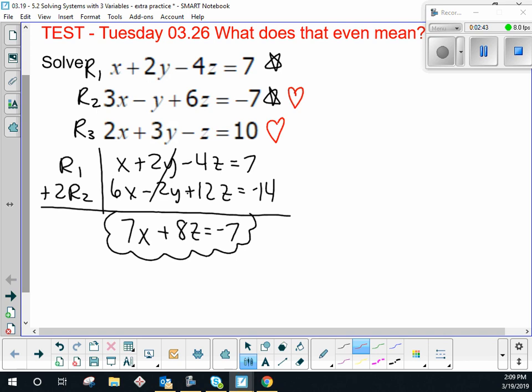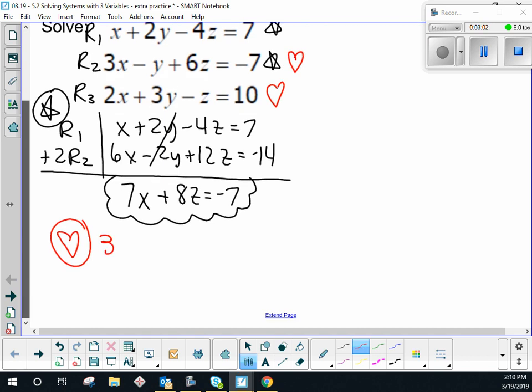So this was my heart work here, and this is my star work here. If I'm going to be working with these 2 equations, I really want a 3 in front of that y, so I have to multiply everything there by 3. So 3 times row 2 plus row 3.